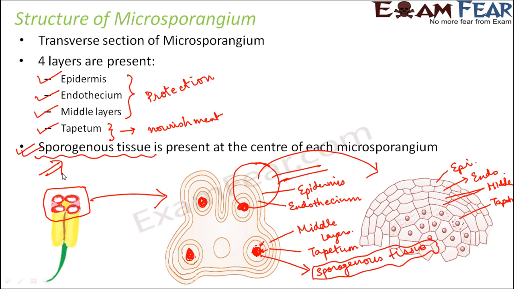That is interesting, right? Now we are gradually trying to understand how the male gametes are produced. So the sporogenous tissue is made up of cells, and those cells will undergo meiosis, that is the reduction division, and what will be formed? It will form microspore mother cells. So let us understand that part.